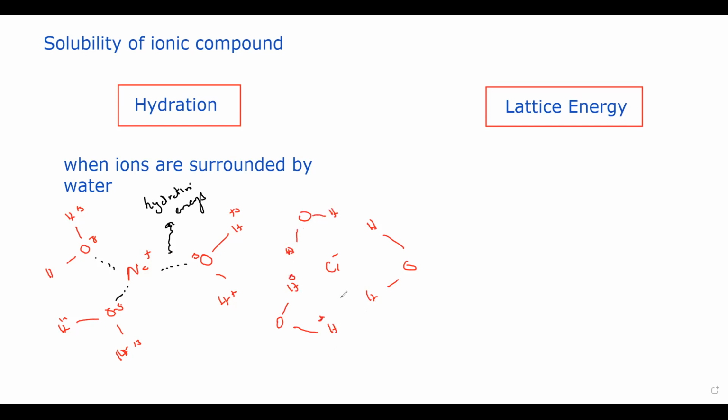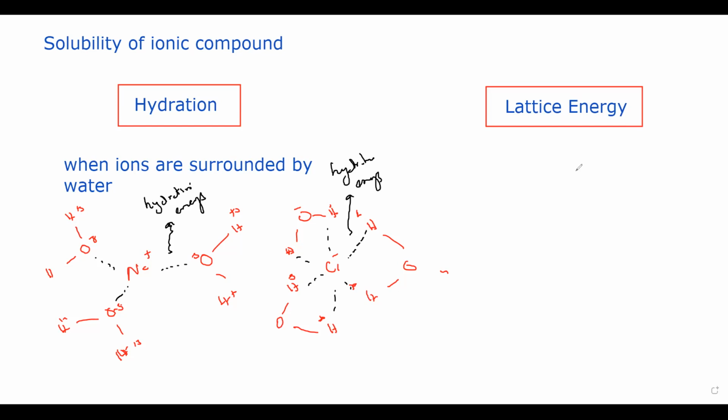Oxygen is partial negative. When the partial positive hydrogen forms a bond with the chloride, bond forming is exothermic, so it releases energy, and we call that hydration energy. So hydration energy is the energy released when ions form a bond with a molecule of permanent dipoles.